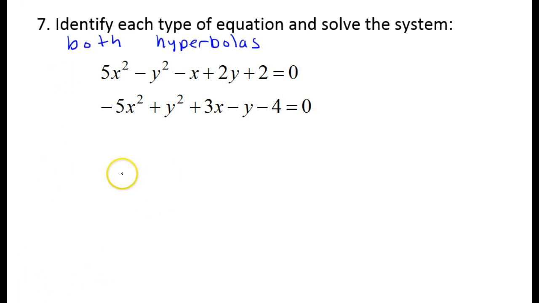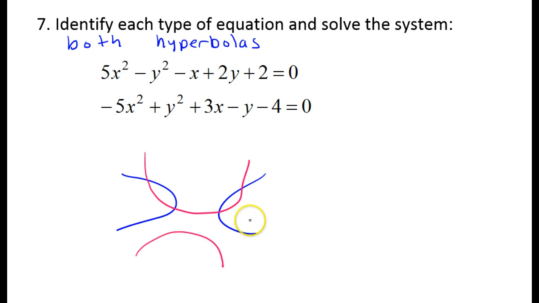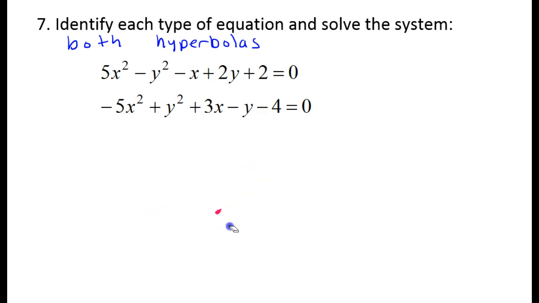Hyperbolas go like this, or sometimes they go like this. So we're just going to have to wait and see. There could be 4 solutions or 2 solutions or no solution. We don't know. Let's check it out.